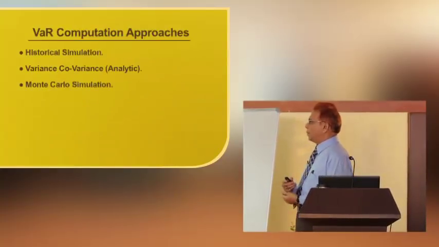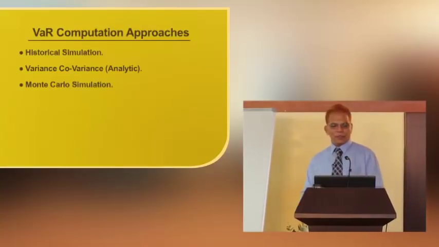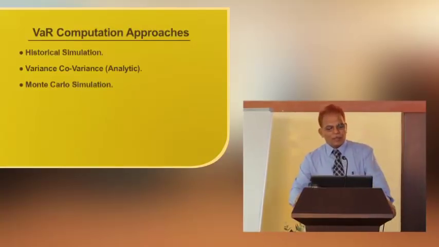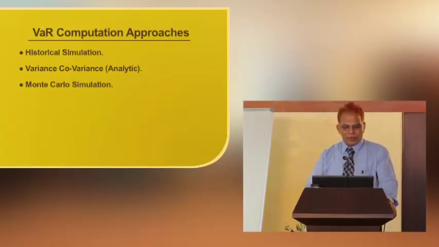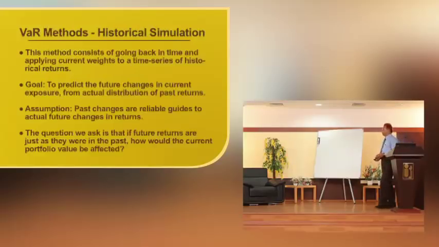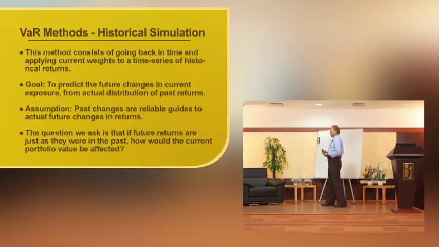So basically there are three approaches to the computation of VAR: historical simulation, variance-covariance, which is known as analytic, and Monte Carlo simulation. We'll briefly see how these methodologies are used.